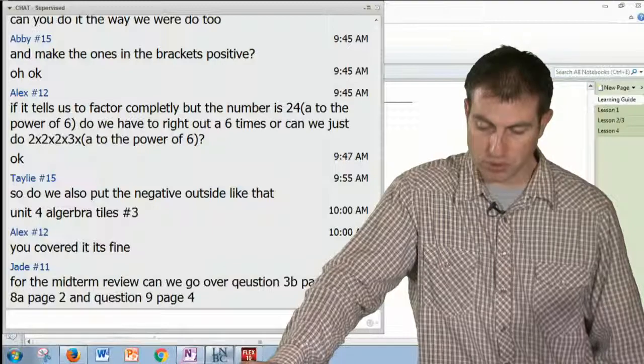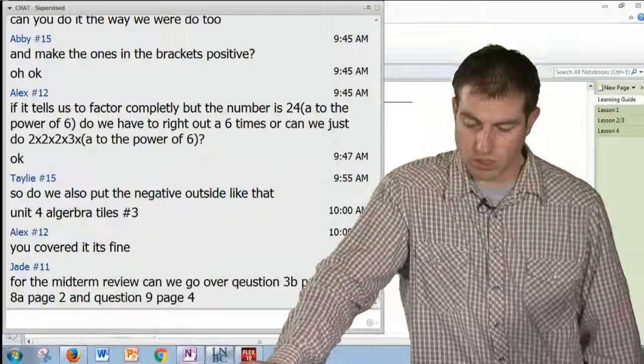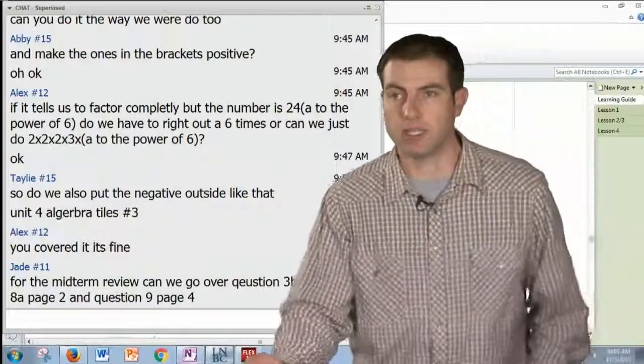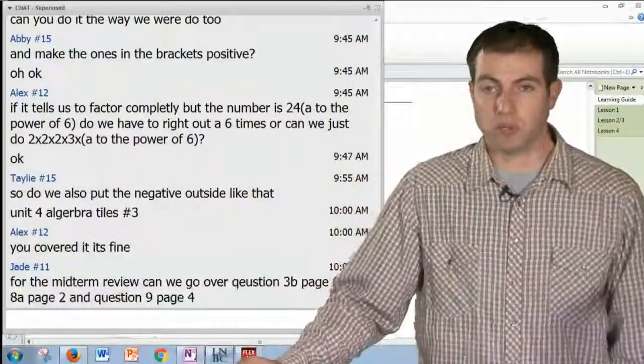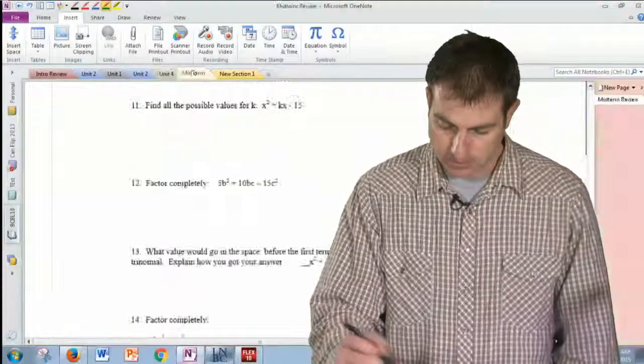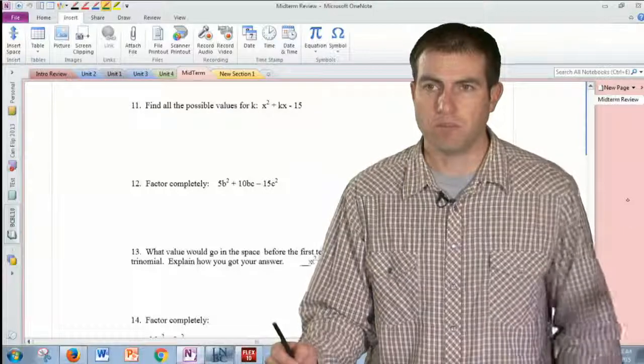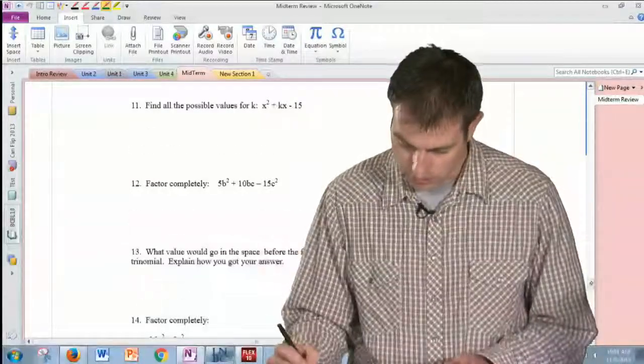From the midterm review, can we go over question 3b, page 6, and 8a on page 2, question 9 on page 4? Yes, definitely. Anything from Unit 4 or the midterm review, I would be happy to go through. Midterm review, page 6, 3b.